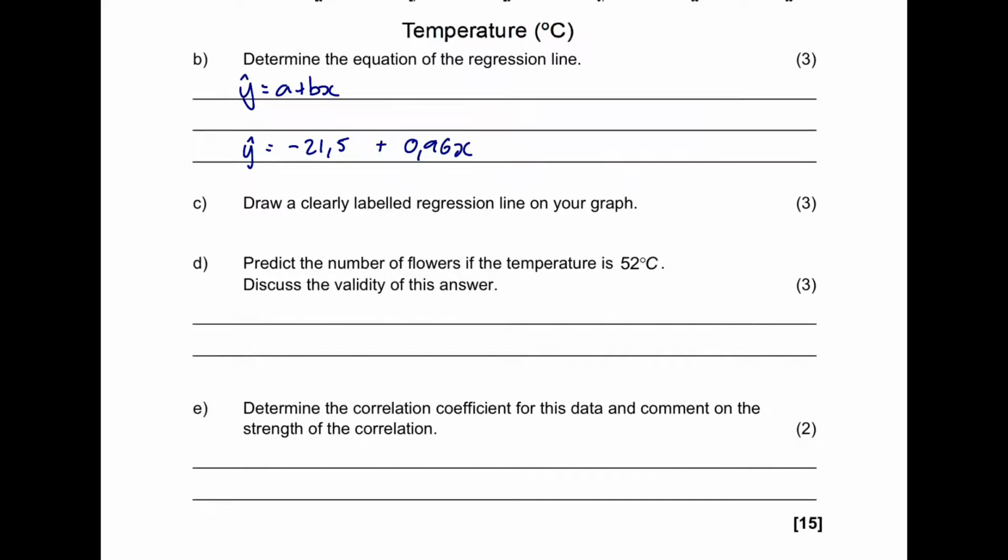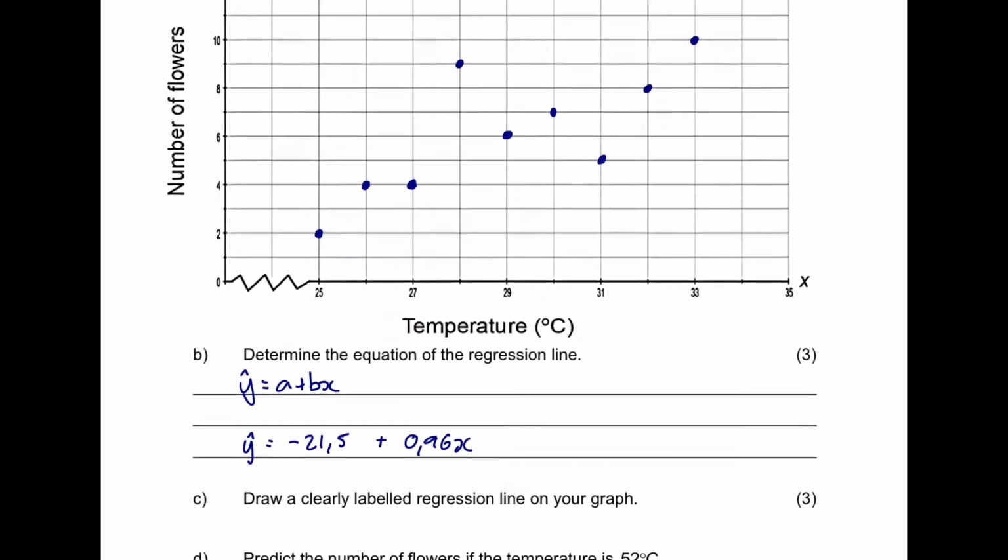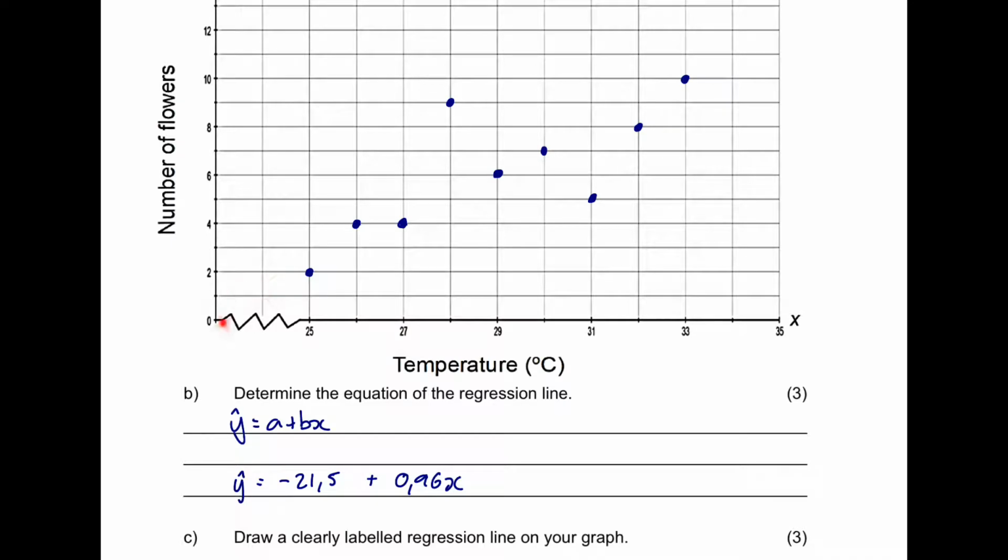Right, for question C, draw a clearly labeled regression line on your graph. Now, because we can't really see exactly what the y-intercept should be because of that gap in the graph, what looks like the y-intercept won't be the actual y-intercept. So we can't plot the negative 21.5 here.